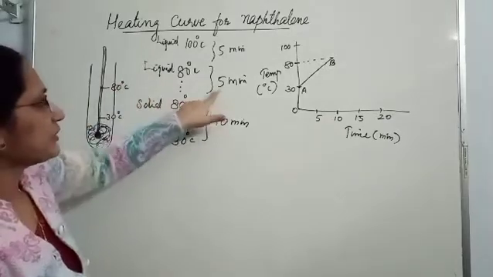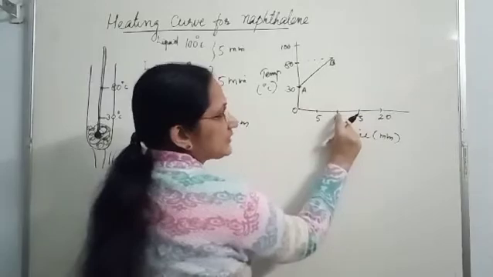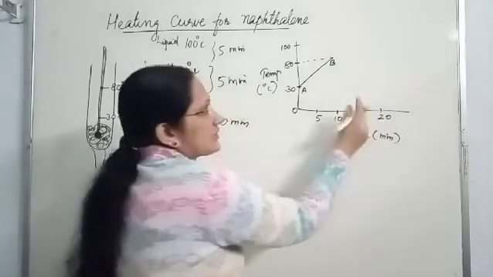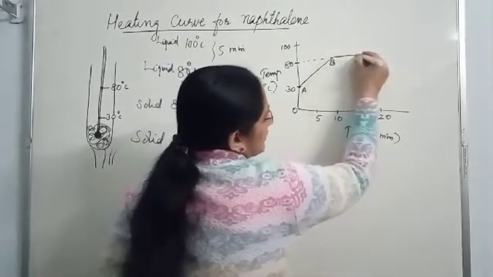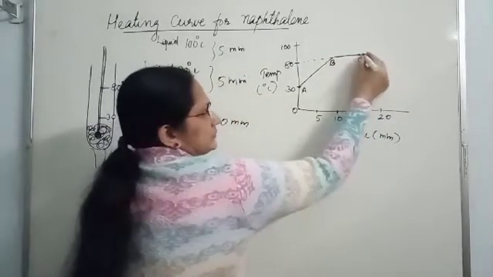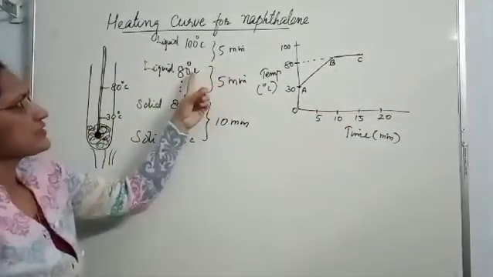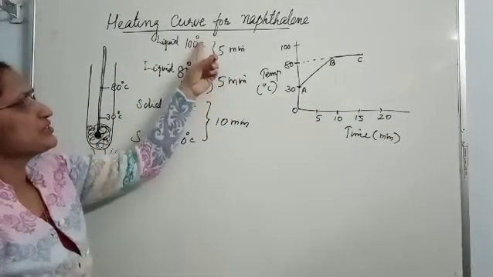Now for the next 5 minutes temperature is not changing. Next 5 minutes means 10th minute to 15th minute. Temperature is not changing. Then for the next 5 minutes temperature changes from 80 to 100.